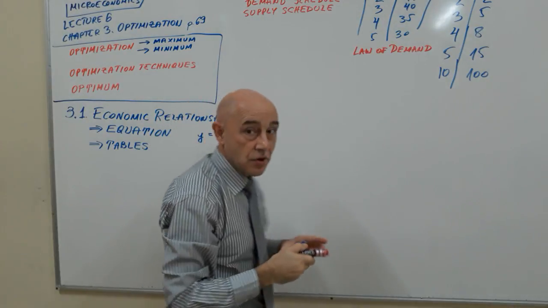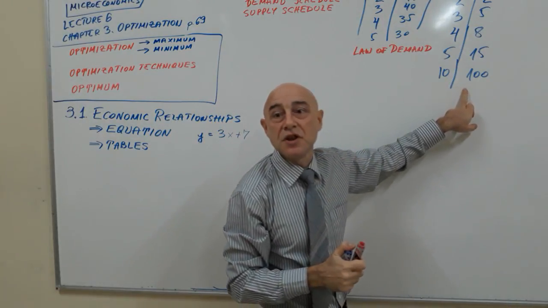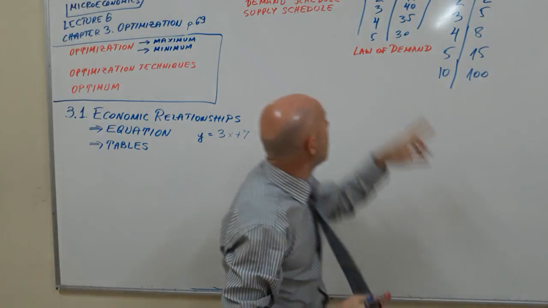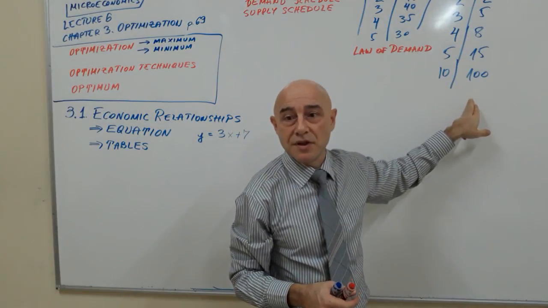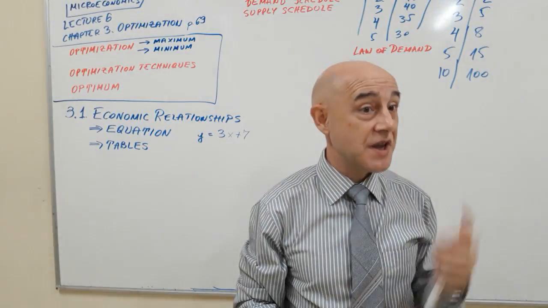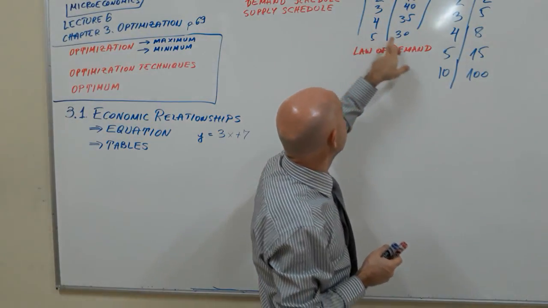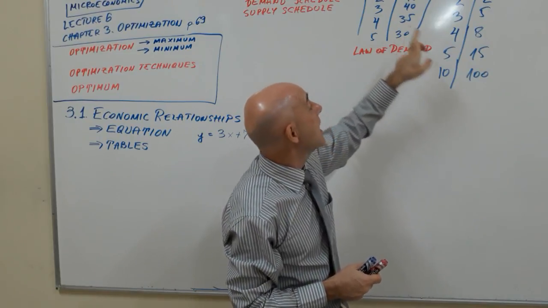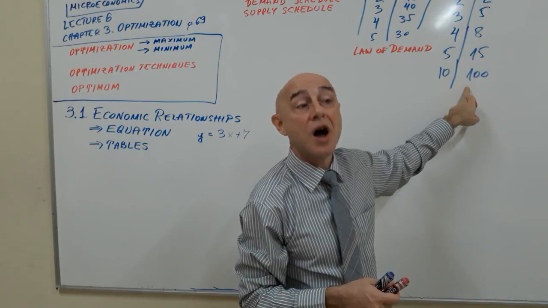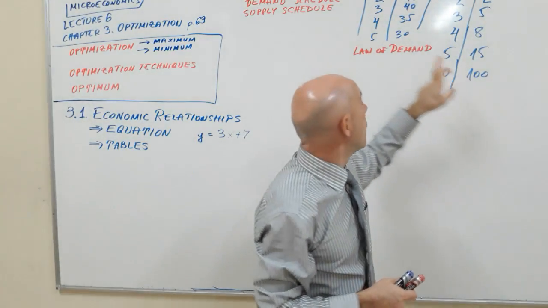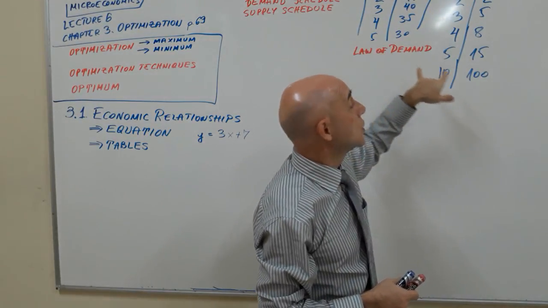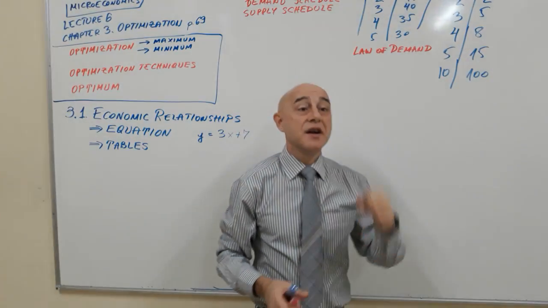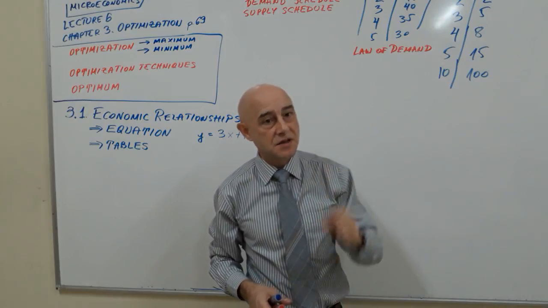Well, here the quantity increases. That's why you cannot simply say, oh, the quantity decreases, the quantity increases. The correct way to say and to think is the quantity demanded decreases, and the quantity supplied increases. So you have quantity demanded, quantity supplied. Okay? So you have demand and supply.